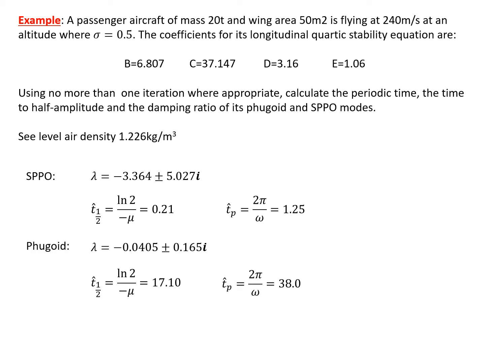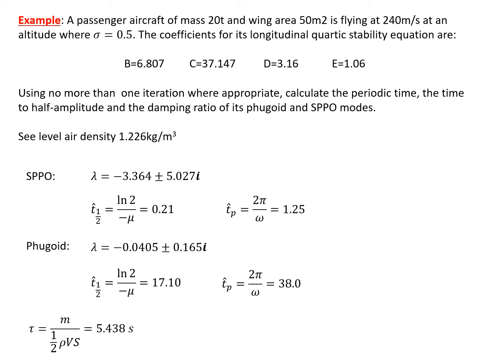And for the phugoid mode, we can do similar things, get the value of lambda, and then the time to half amplitude and the period time. And remember, since there are little hats on top of each letter, it's a non-dimensional time, so you need to multiply by the characteristic time, which is 5.438 seconds.